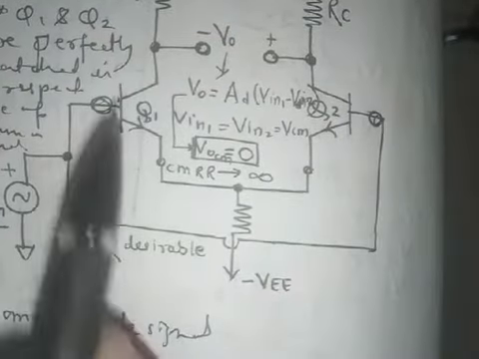Let's suppose the output is now, since this is VC2 and this is VC1, it is equal to VC2 minus VC1, and here VC2 is equal to VCC minus IC2 RC, and VC1 is equal to VCC minus IC1 RC.